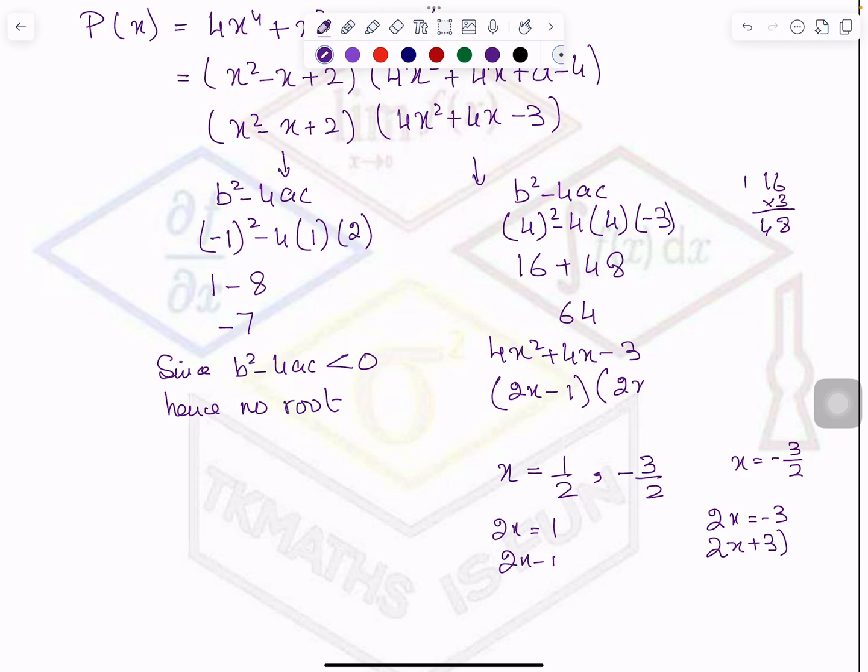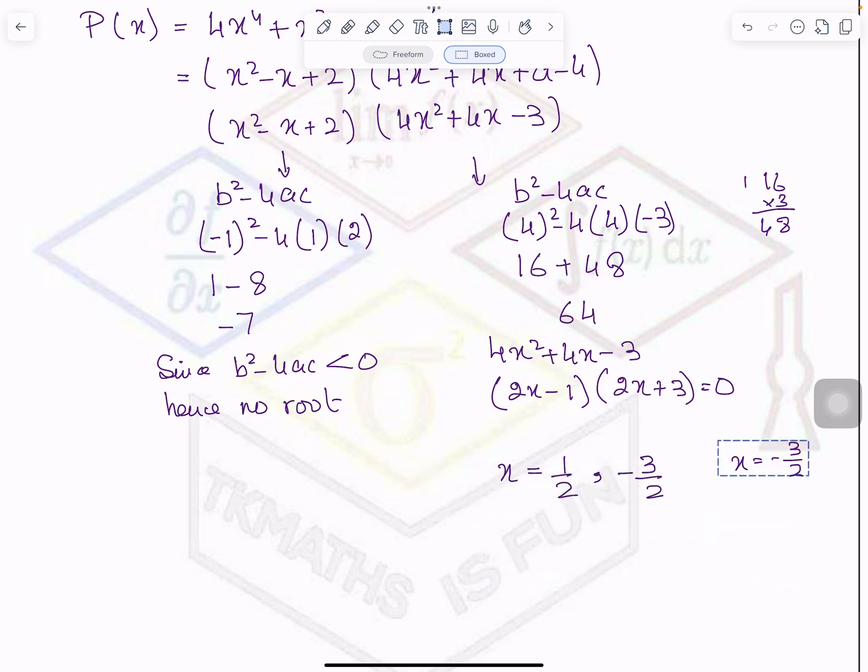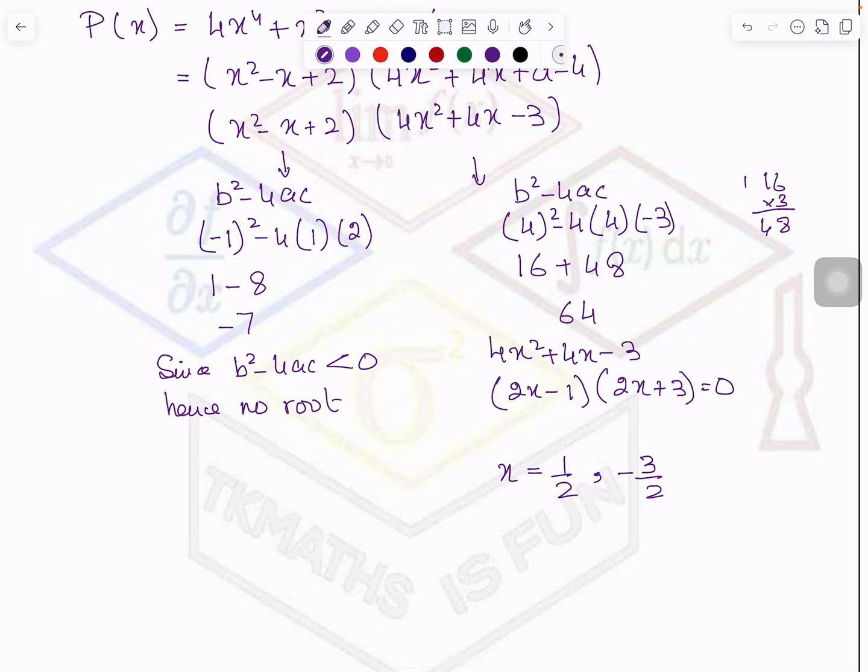So the other factor is 2x plus 3, and this is how you got the root, and then you can delete it. So now for the question, you can say that the real roots are x equals half and x equals minus 3 upon 2. Don't forget to circle it or put something around it so that it is prominent. So I hope you understand.